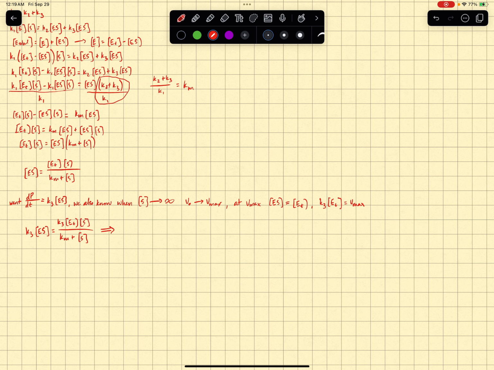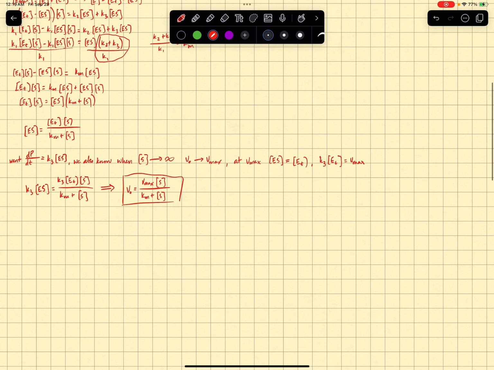K3 times ES is going to be the rate. So whatever rate we're operating at will be V naught. That's going to be equal to K3 times the total enzyme, which we know is Vmax, times the substrate concentration over Km plus whatever substrate concentration we have. So that's how you get this Michaelis-Menten equation.